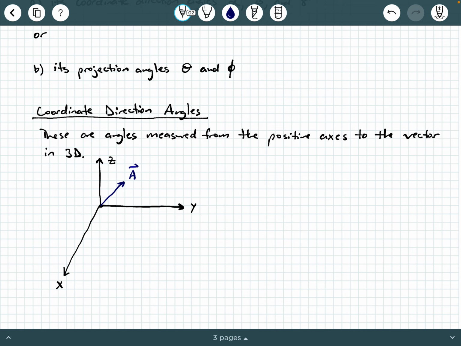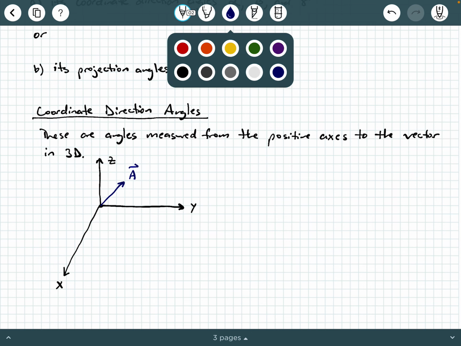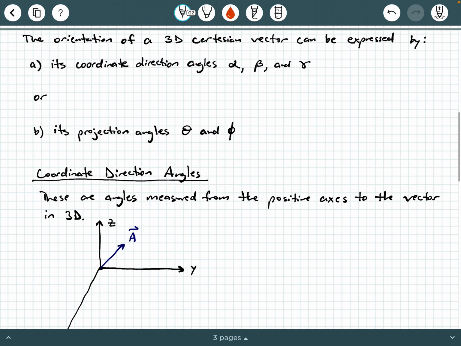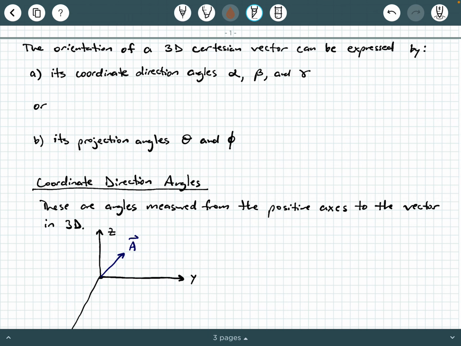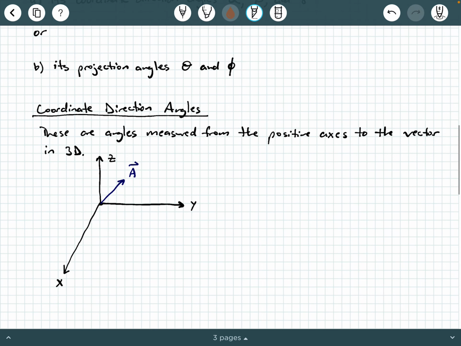So where are these coordinate direction angles that we're talking about? Well, the first coordinate direction angle, which we said is alpha, is going to be the angle measured from the positive x-axis in 3 dimensions to the vector A right here, okay?